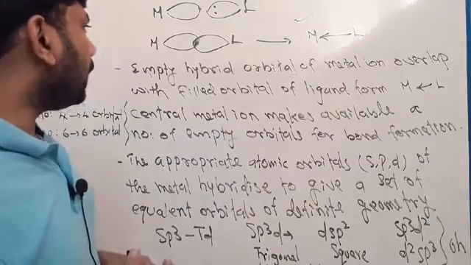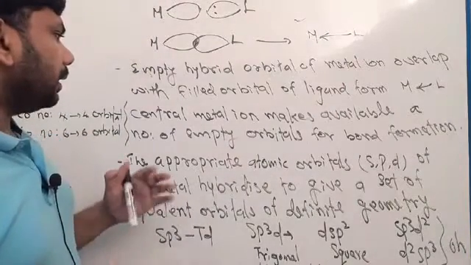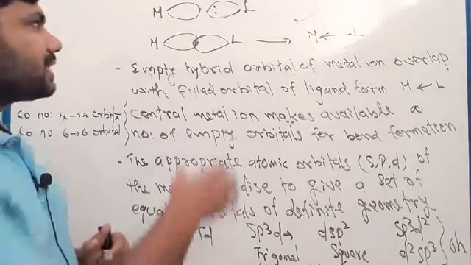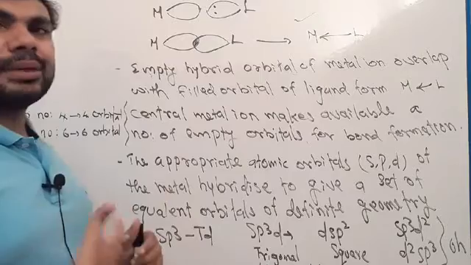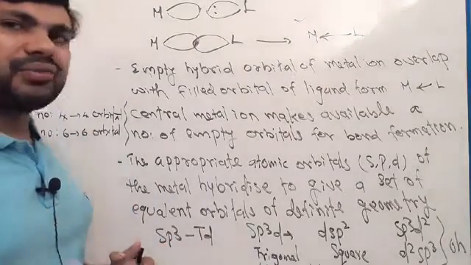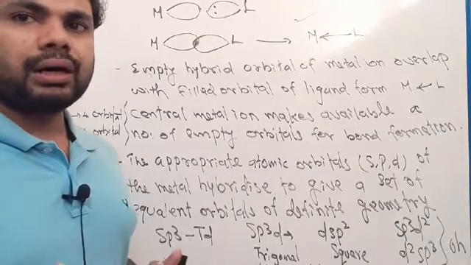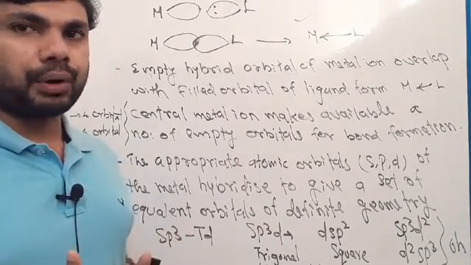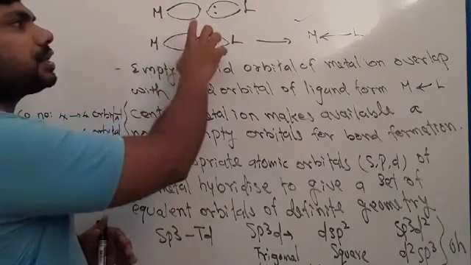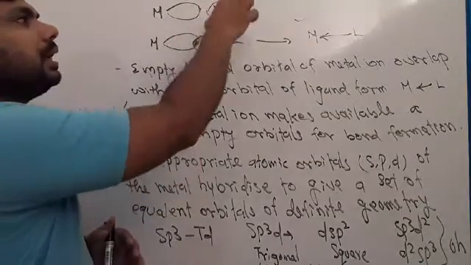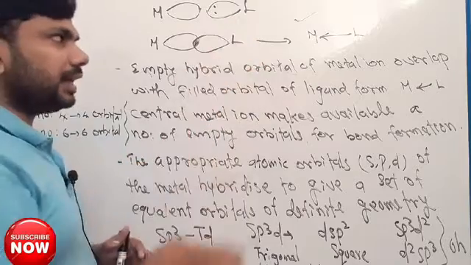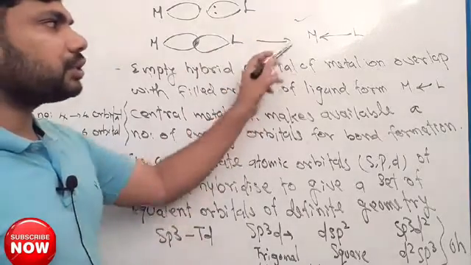Another point to understand: the central metal atom or ion makes available a number of empty orbitals for making coordinate bonds. These empty orbitals hybridize with the paired orbitals of the ligand and form a coordinate bond.